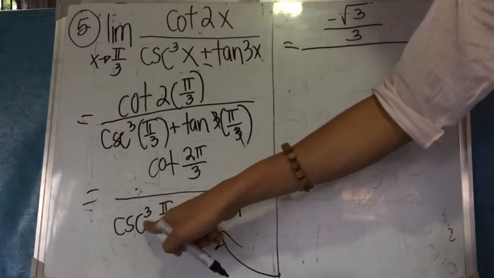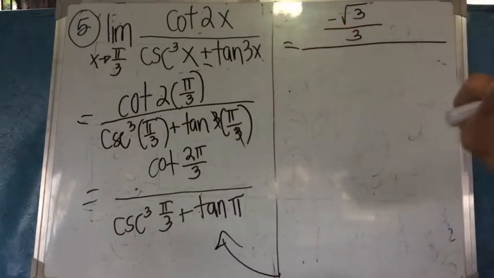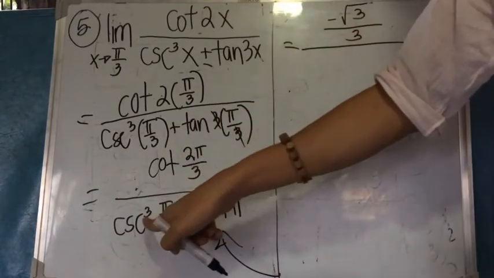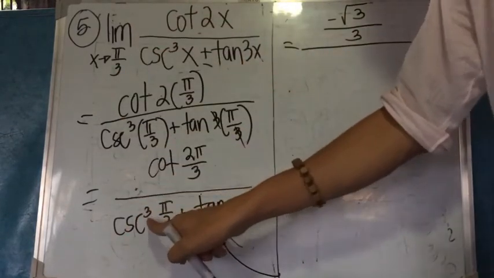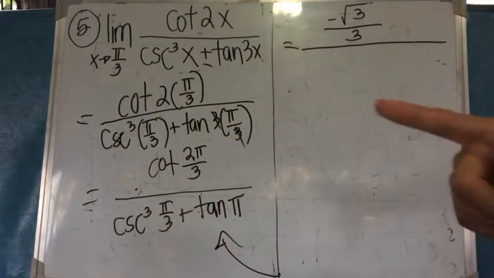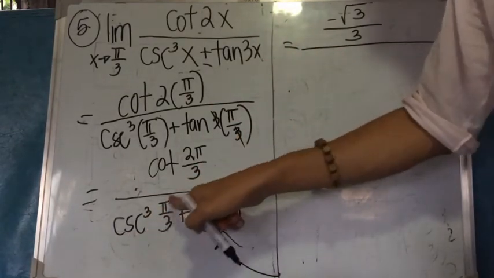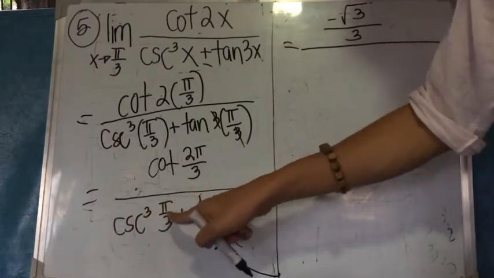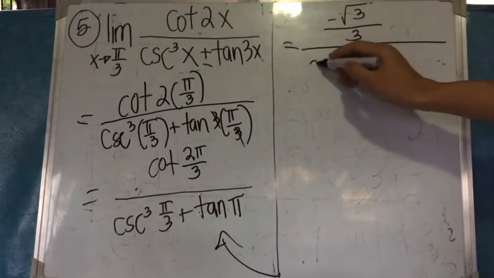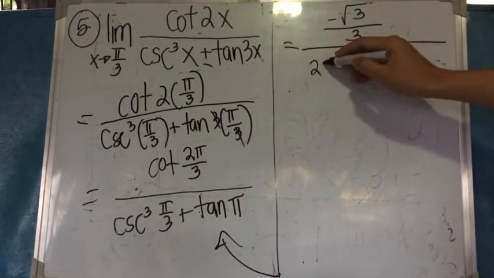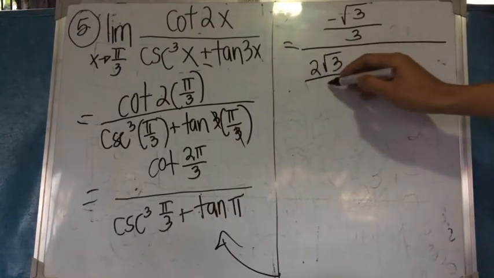Every time we encounter a trigonometric function that is being raised to a power, you disregard the power first. You go here, cosecant pi over 3. What is cosecant pi over 3? That is 2 square root of 3 over 3.